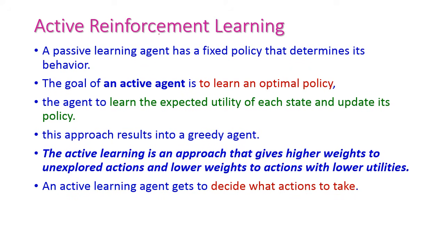Active reinforcement learning. When it comes to passive reinforcement learning, the policy is fixed and this policy determines the agent's behavior. But when it comes to active reinforcement learning, the agent has to learn the optimal policy, right? The agent has to learn the expected utility of each state and update its policy.